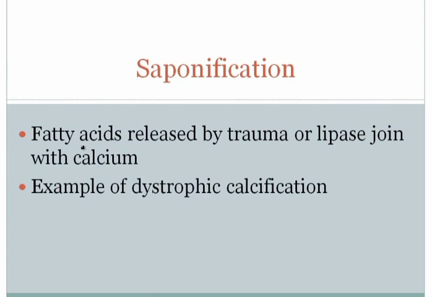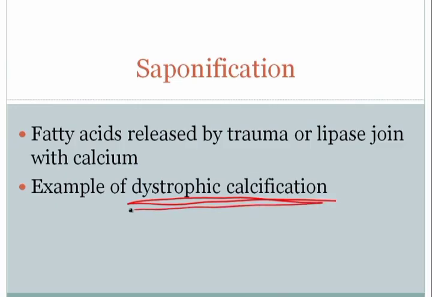Now, this is sort of a derivative point, but it gives us an opportunity to touch on a high-yield idea, which is that saponification is an example of something called dystrophic calcification. So let me take a step back and remind you that generally speaking, calcium does not deposit in tissues of the human body.